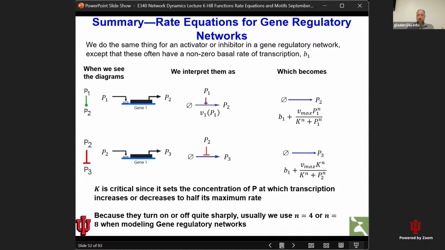The value of K is critical because it sets the threshold of P at which we go from low rate of production to high rate of production. Genes typically turn on and off pretty sharply as a function of the concentration of the activator and the inhibitor. And so we typically use an exponent of 4, which is a relatively soft dependence, or 8, which is more switch-like.